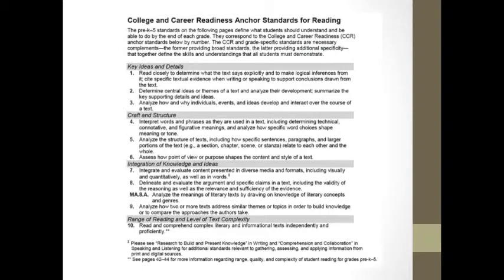And then the standards under integration of knowledge and ideas, that's the evaluation piece. That's really getting into what are those key pieces. So integrating and evaluating content that's presented, how we analyze the material and look at cross texts. And then the last category is the range in reading and level of text complexity. Basically, what that means is thinking about, are the texts that you're using with students appropriate for their grade level, and challenging students.